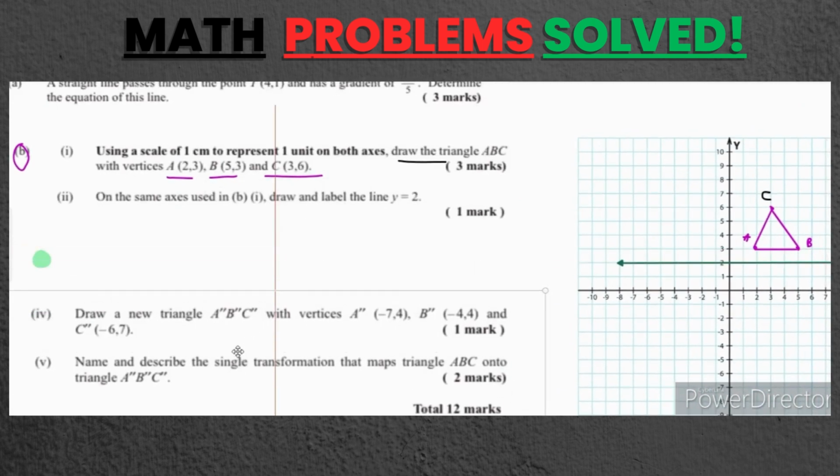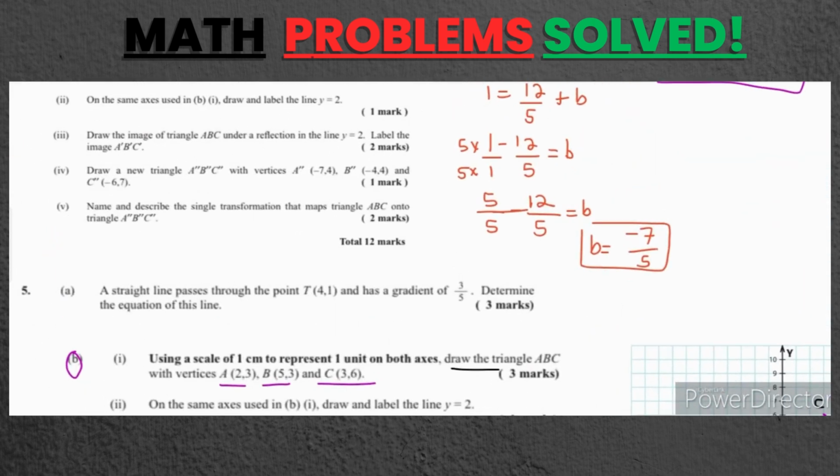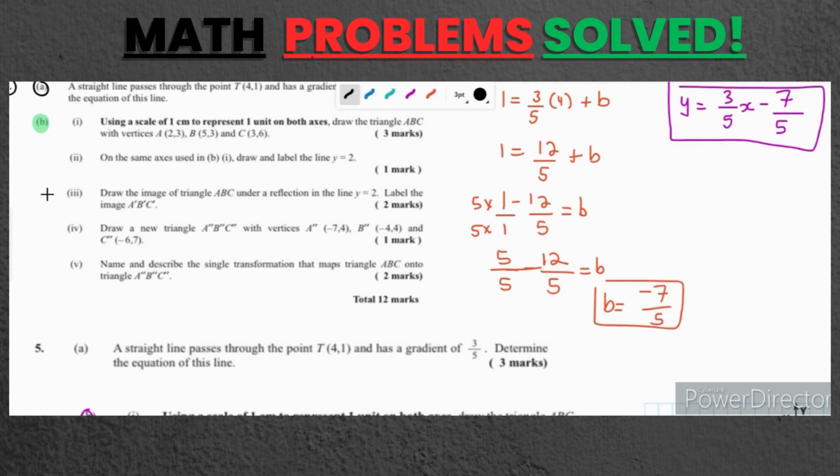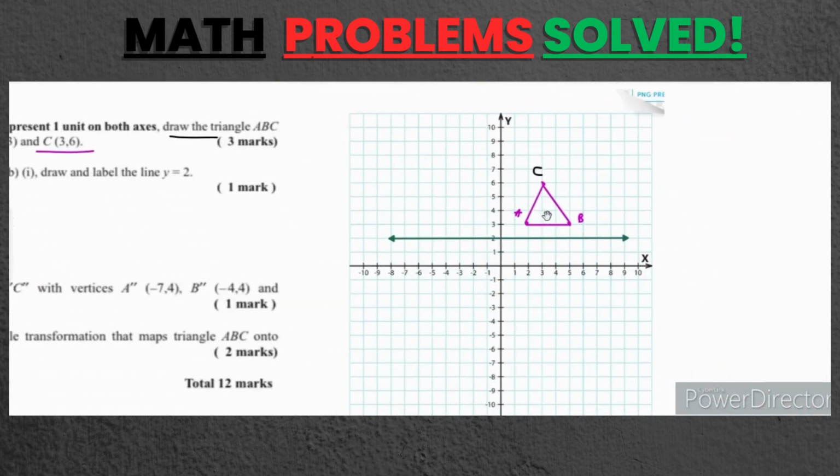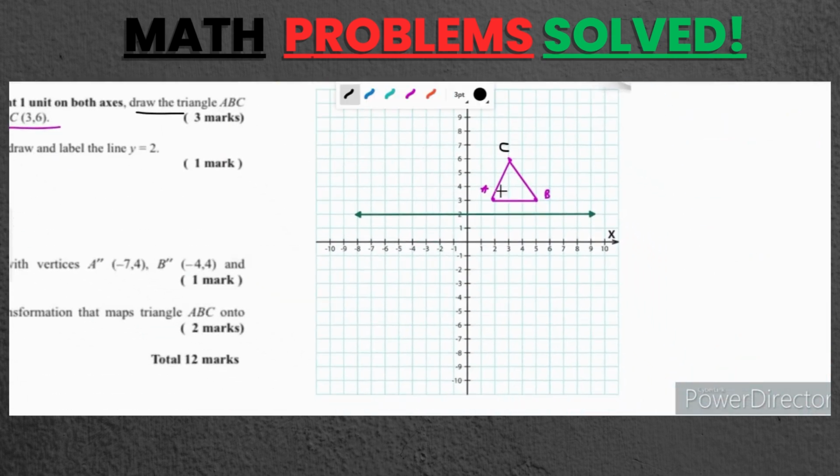Here I think we have missed one part. What the third part says is: draw the image of the triangle under the reflection in y = 2. So we have to draw its image under y = 2.